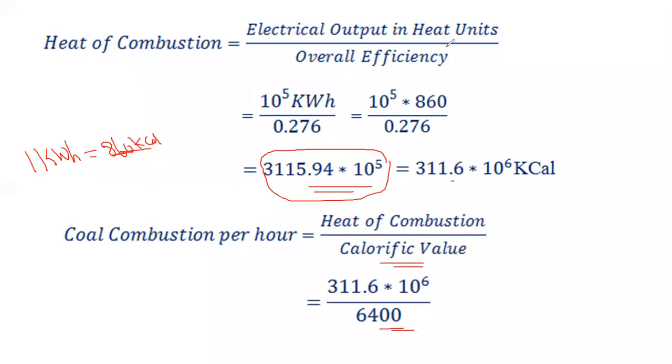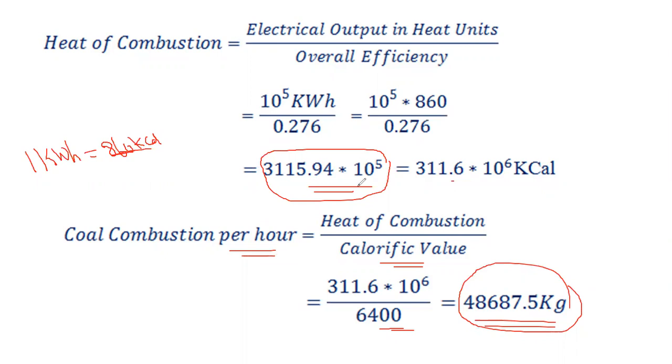Simplifying this, we get the answer 48687.5 kg. This much coal is utilized in 1 hour to generate the power.